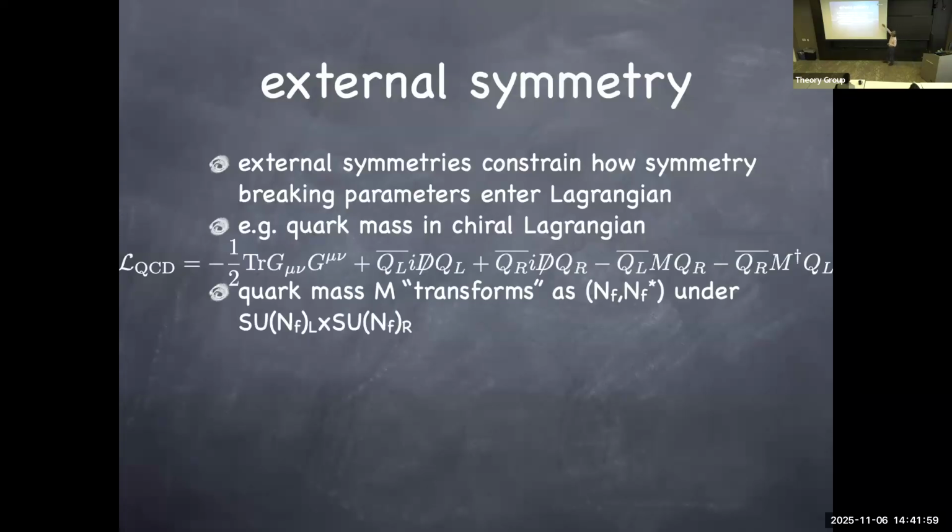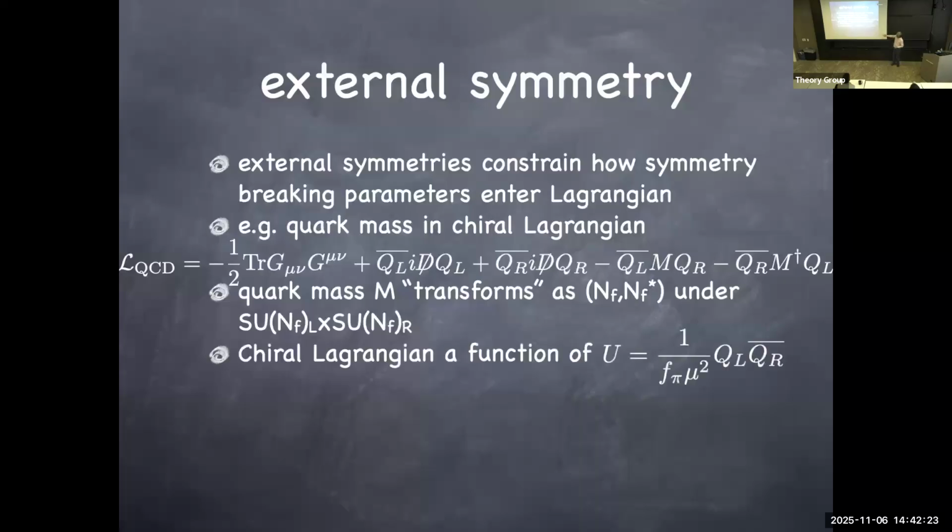So looking at the QCD Lagrangian, up to this point, you have SU(N_F) × SU(N_F) chiral symmetry. Once you introduce the mass of the quarks, it's no longer invariant under SU(N_F) × SU(N_F), but pretending that M is not a parameter, but something that transforms under this SU(N_F) × SU(N_F) symmetry, called a spurion, you know exactly how that spurion would appear in the low energy theory.